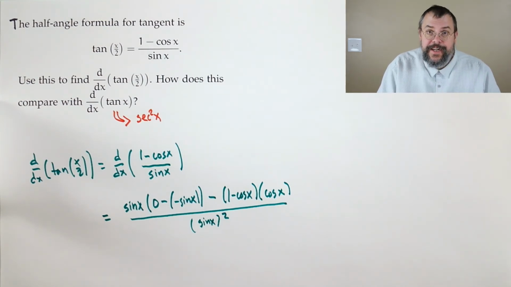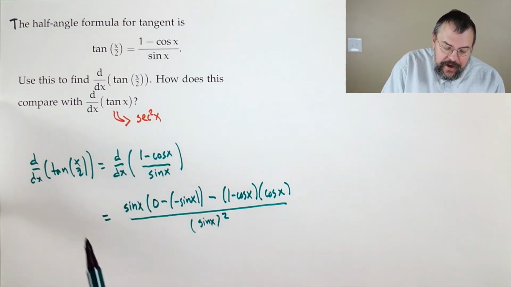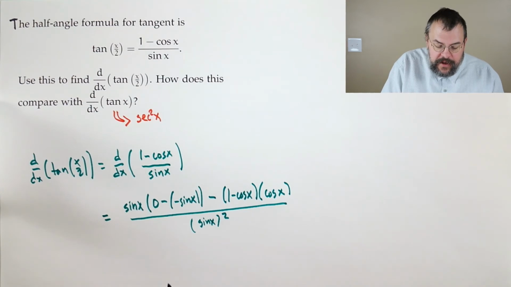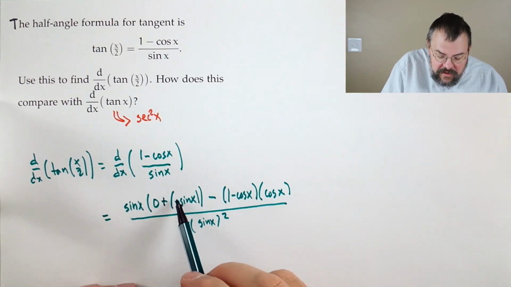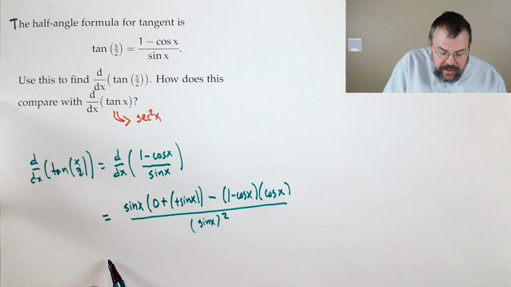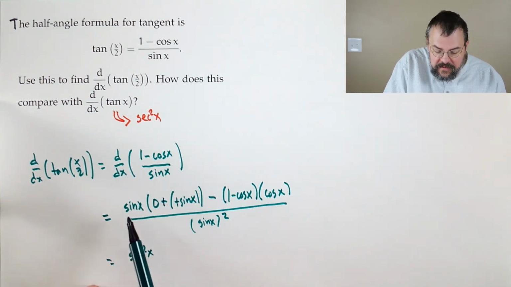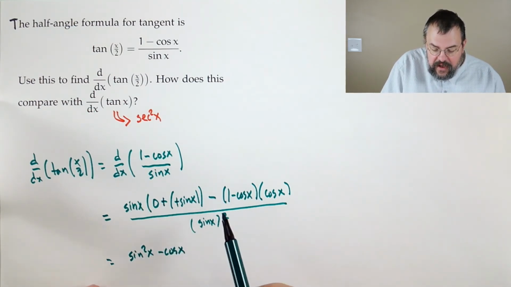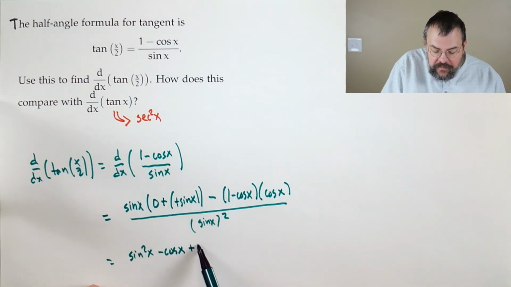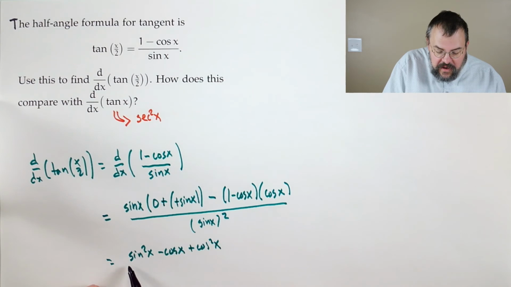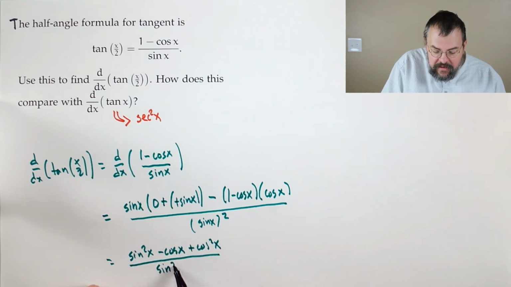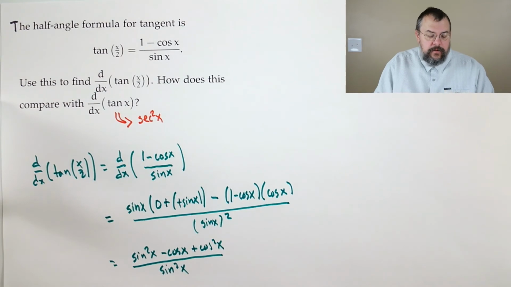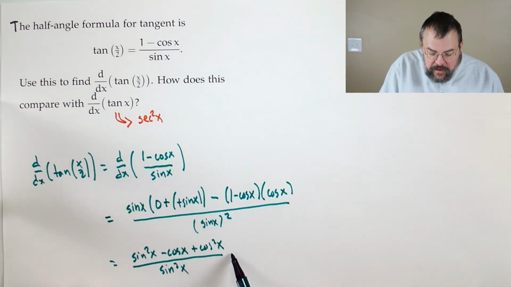So let's clean it up because we want to understand what this is in comparison to the derivative of tangent. We have a minus, so we can make that into a plus. We have sine squared x upstairs in the first part. Then we have minus cosine of x, minus makes a plus, cosine squared of x. And that's over sine squared of x. Well, sine squared x plus cosine squared x is 1 minus cosine of x.